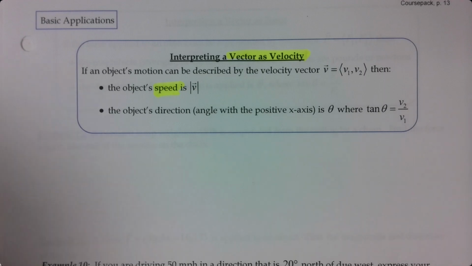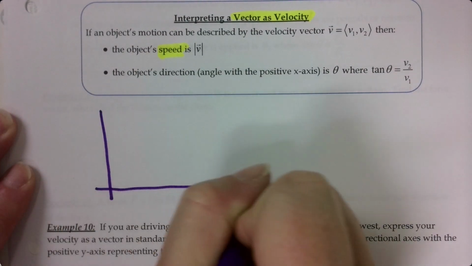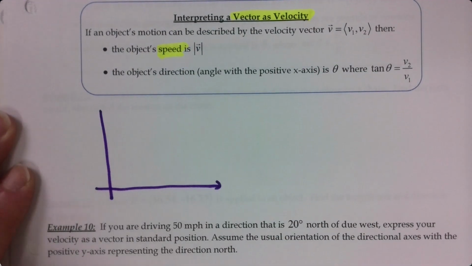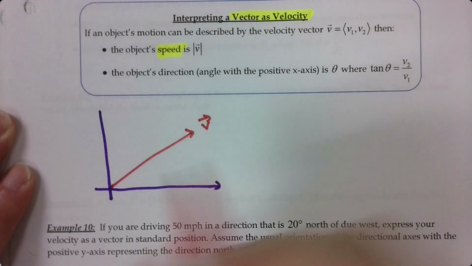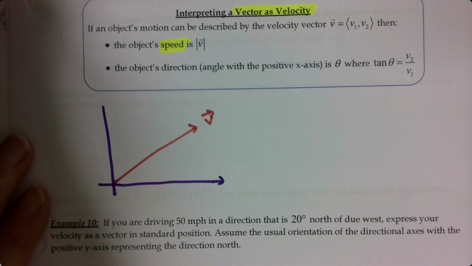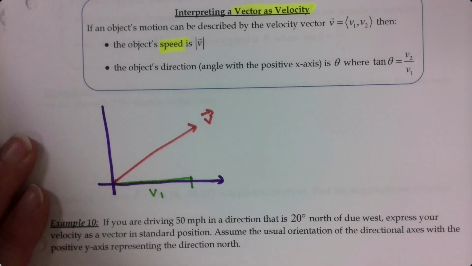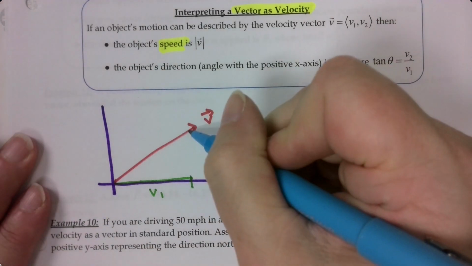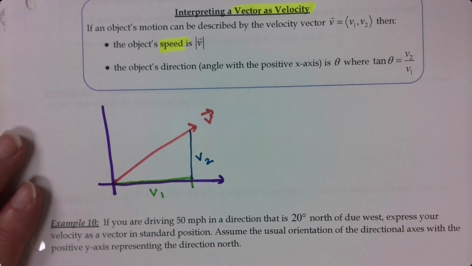So let me draw a picture real quick, because this is based in basic geometry that you know. If that's your vector v, it has two components, a v1, which is right here, and a v2, which is right here. Those are the components, the x and the y.